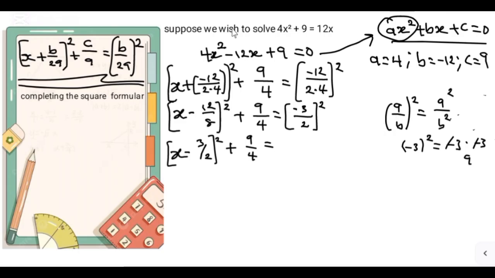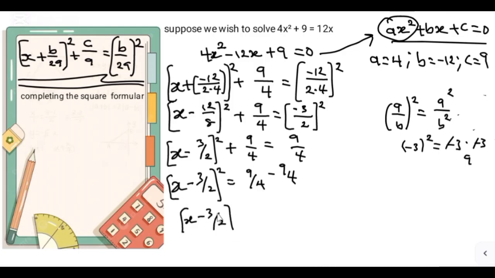Bearing that in mind, the whole of this could be written as 9 over 4. If that is true, we have x minus 3 over 2 all squared equals 9 over 4 minus 9 over 4. And you agree with me that the whole of this is going to be 0. So what do we have? x minus 3 over 2 all squared equals 0.